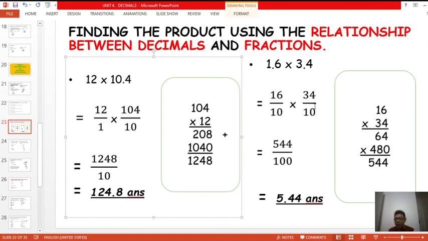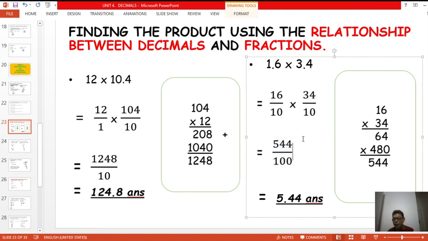Then multiplying them, we have 544 as our numerator, 16 times 34. Then your denominator, 10 times 10 is 100. So after that, you just write 544.